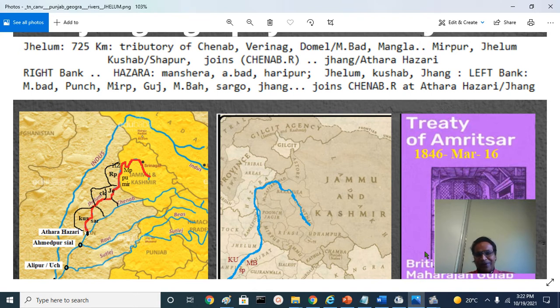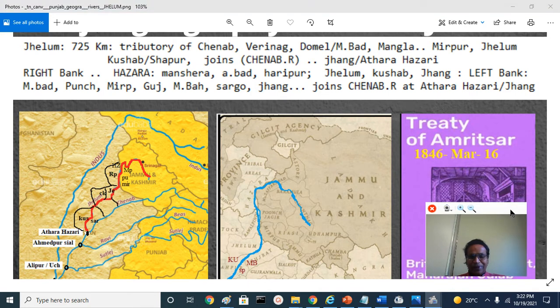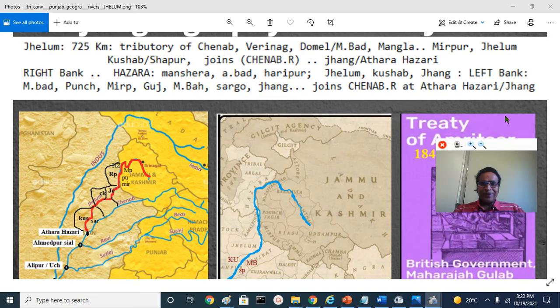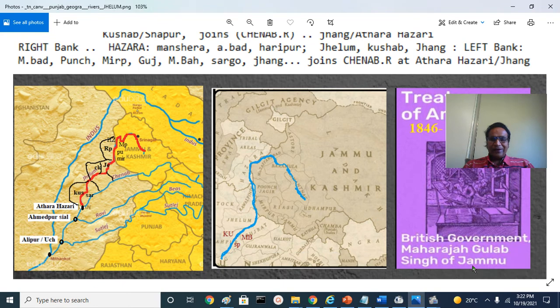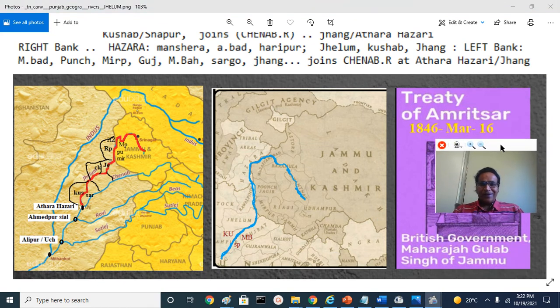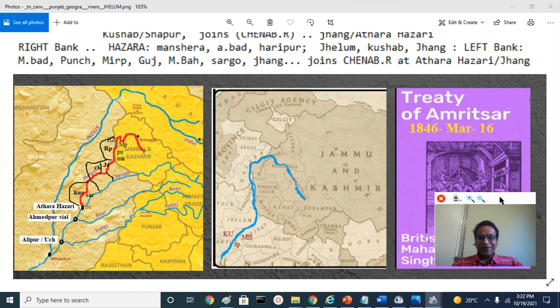Of course, when we talk about geography, history and culture at South Asia Maps, we are not just listing the length of the river, the source of the river and the mouth of the river. I will try to bring you the fascinating aspects of the river as a part of life, history, heritage and culture that will bring you into the Treaty of Amritsar between Maharaja Gulab Singh Dogra of Jammu and Kashmir Princely State and the British East India Company.